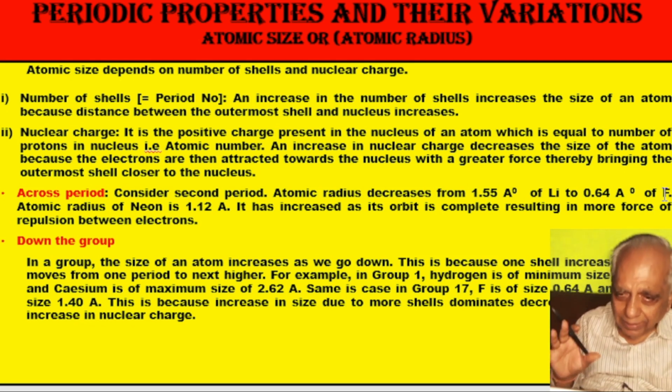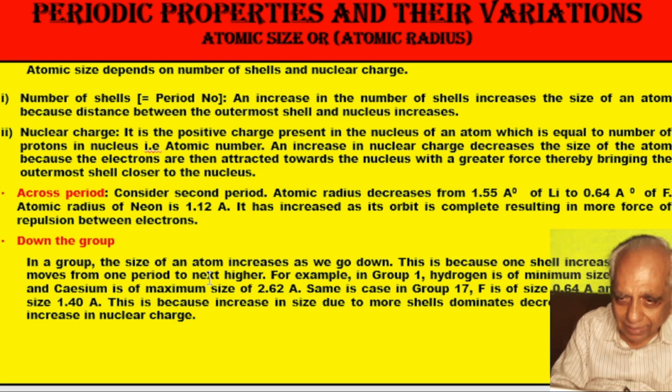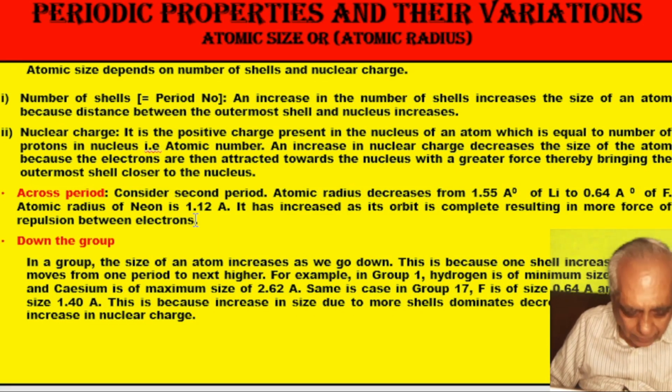The 8 electrons in the outermost orbit repel one another, and therefore the size has increased to 1.12. So compared to fluorine, inert gases always have a larger size than the halogens, which are their neighboring atoms. Otherwise, if we move from left to right, my size decreases due to more nuclear charge.